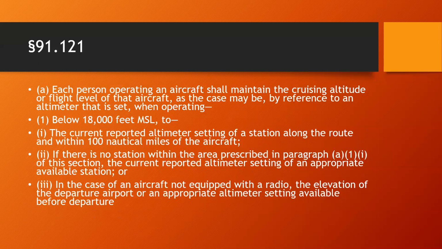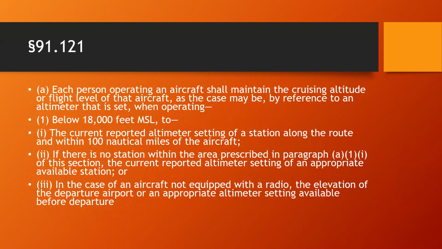So to boil this down, if you're at or above 18,000 feet, you set your altimeter to 29.92, standard pressure. Everybody sets it to that. That way it's not based on random curvatures of the earth or little peaks and stuff. Everybody's on the same page.